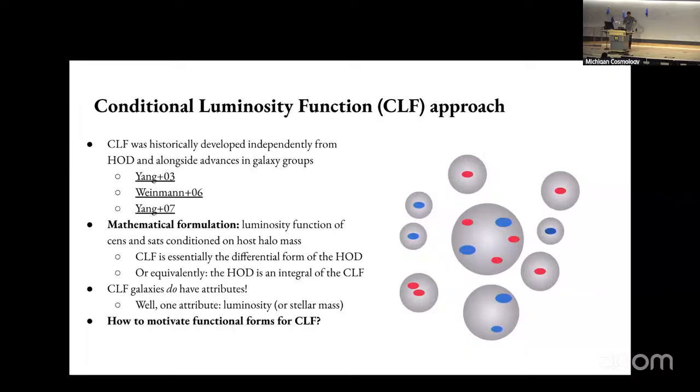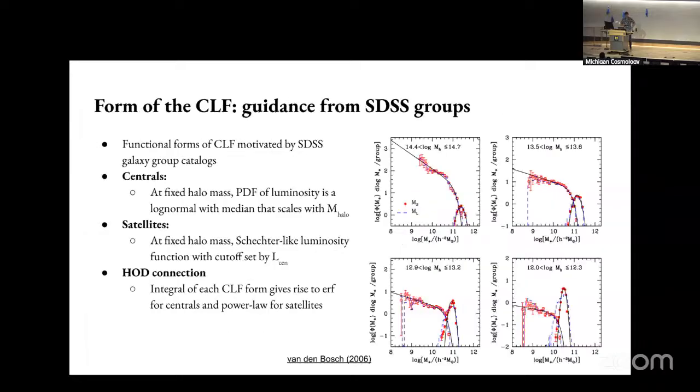So historically, the CLF was developed basically at the same time as the HOD, but independently by different authors. So we saw different ways in which the functional forms of the HOD were motivated by hydrosims, by semi-analytic models, by subhalos. So the CLF folks took a different approach to motivate their functional forms.